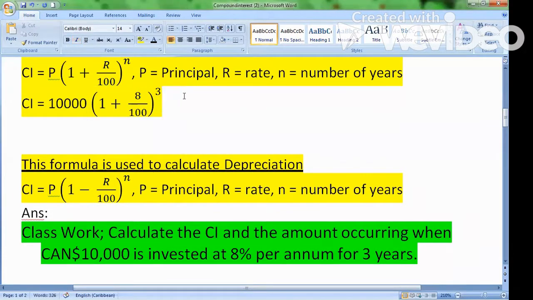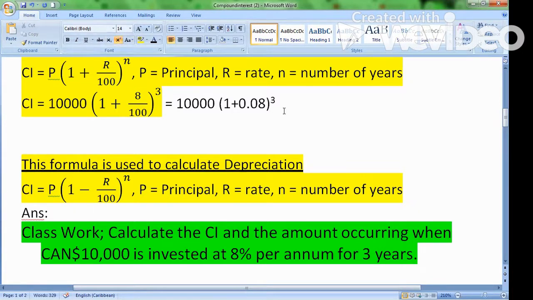Always work out the bracket first. Remember BODMAS? So 8 divided by 100 is 0.08. Am I correct? Yes, sir.